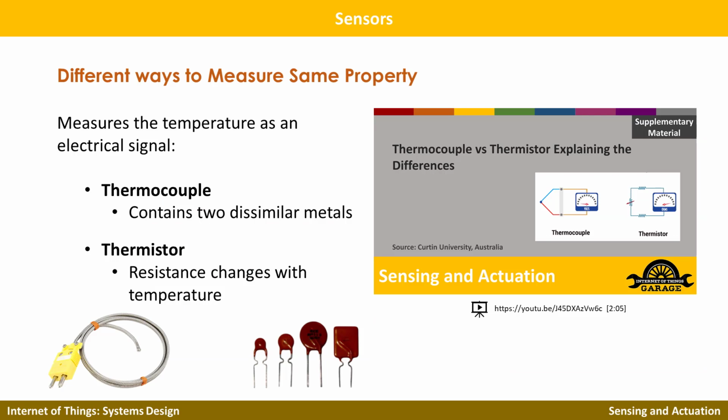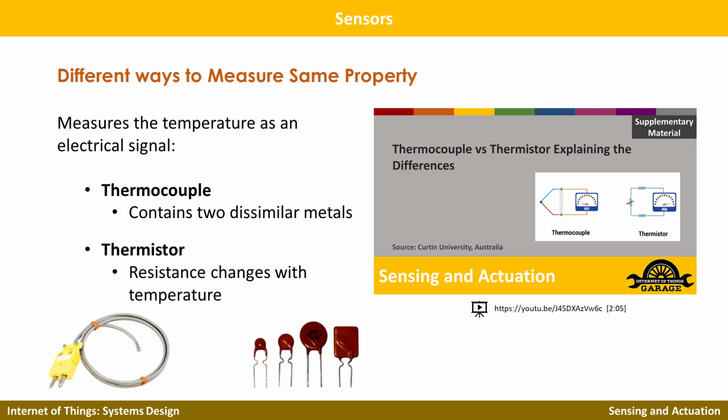Let's look at two different ways to develop temperature sensors: thermocouple and thermistor. Thermocouple sensors contain two dissimilar metals. That is the main idea behind the thermocouple.